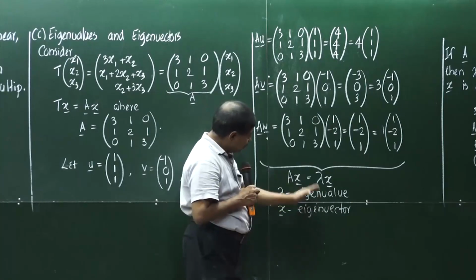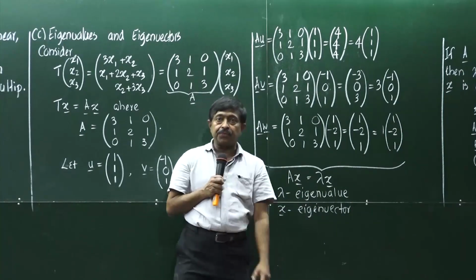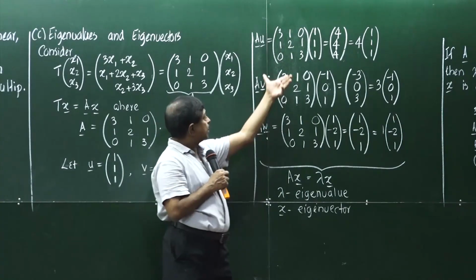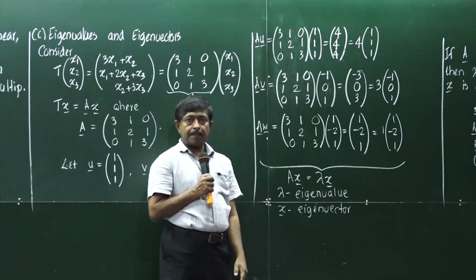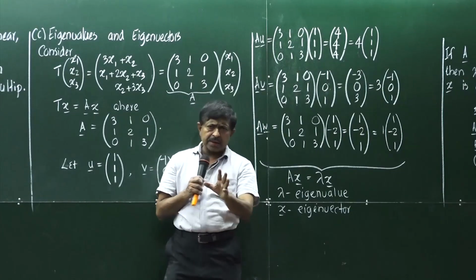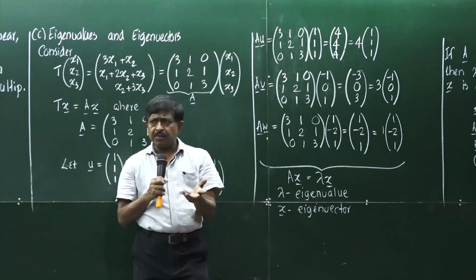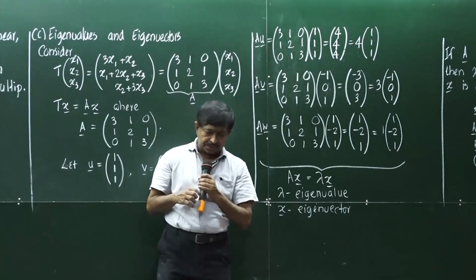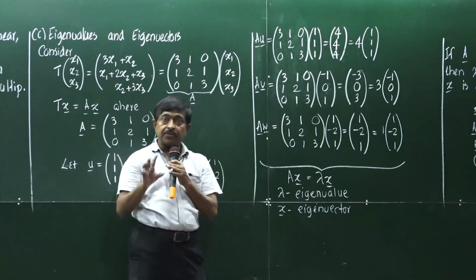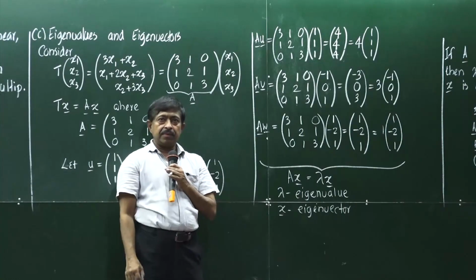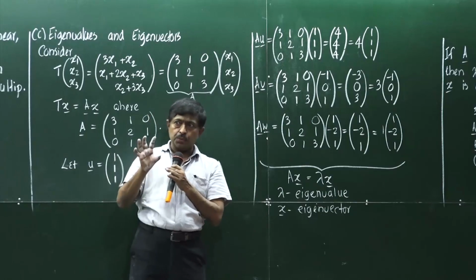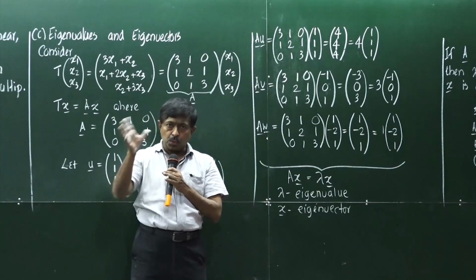Why do you call them eigenvectors and eigenvalues? Because using those vectors, you can characterize this operator. Like you can characterize people like that, right? You know what they do. How do they look like?